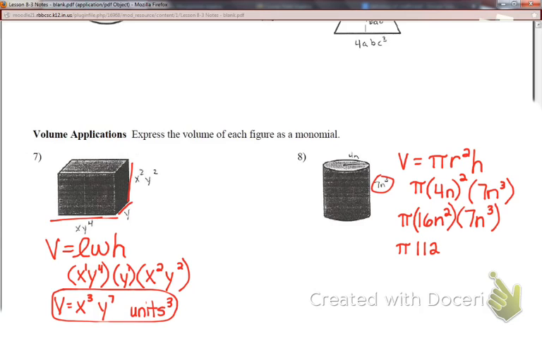And then we have n squared and n to the third. Those exponents get added. It's our first rule from the front. So that's n to the fifth. The last thing to do is to put the pi after the first coefficient, after that coefficient. So 112 pi n to the fifth units cubed is the volume of that cylinder.